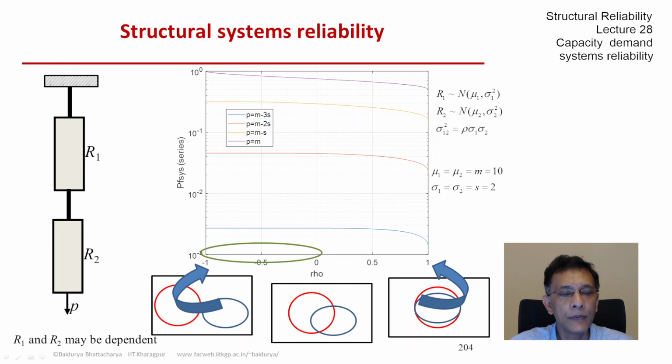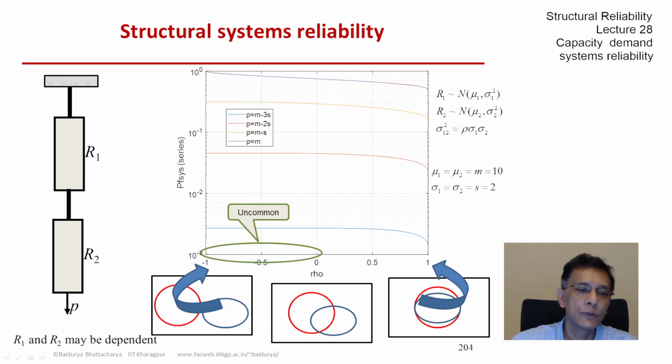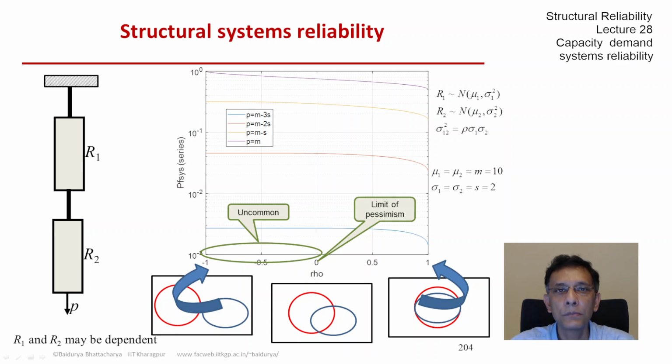So it's quite difficult to defend the assumption or the claim that the strengths are negatively correlated. So we typically do not go there. It's a very uncommon assumption to take negative values of rho between the strengths. So we limit our pessimism to rho of 0.